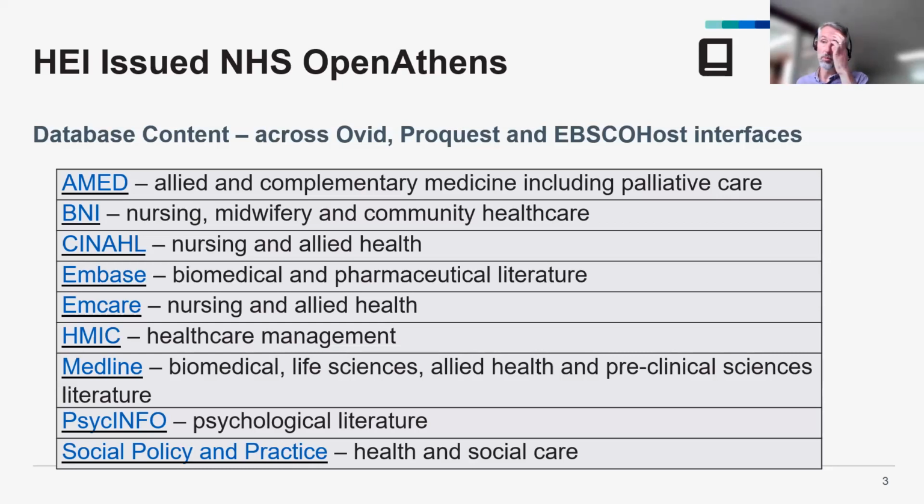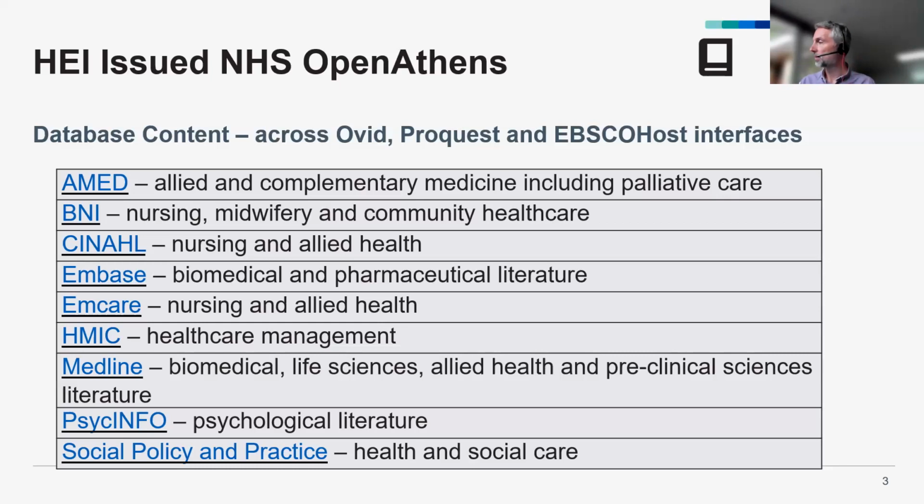And importantly, once upon a time, these were all delivered through the HDAS, the Healthcare Databases Advanced Search, and that was a big justification for giving your students this kind of login, because that was an interface made for the NHS that effectively used a kind of federated approach and allowed a form of cross-searching. I don't think we'll call it entirely cross-searching. It's a bit of a sham in some ways, but that went a little while ago.